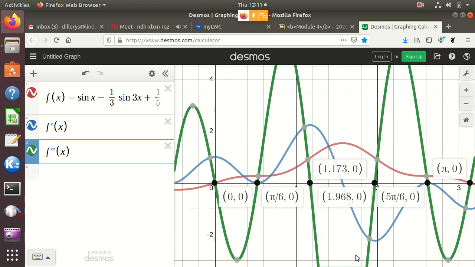We can see the green here with the second derivative, concave down, and so that would help us there with that second derivative test.